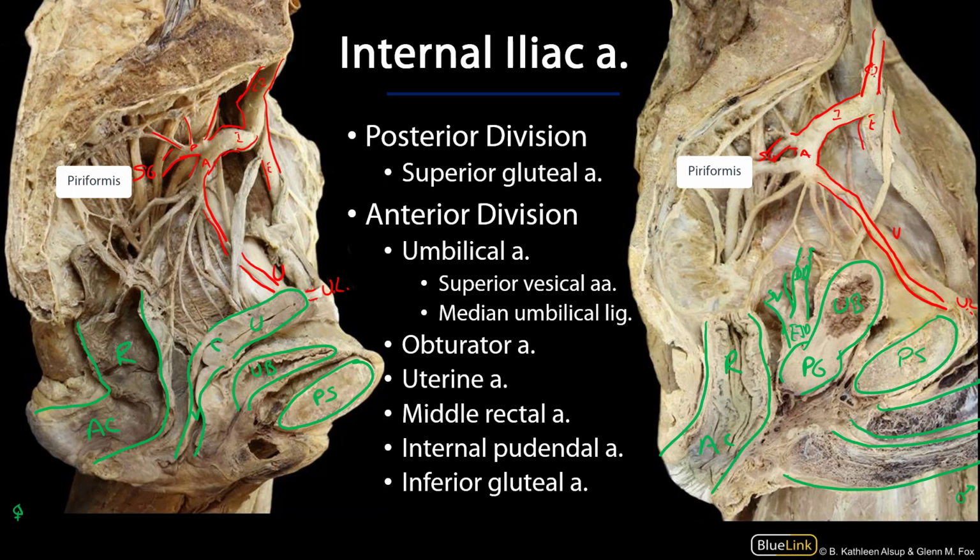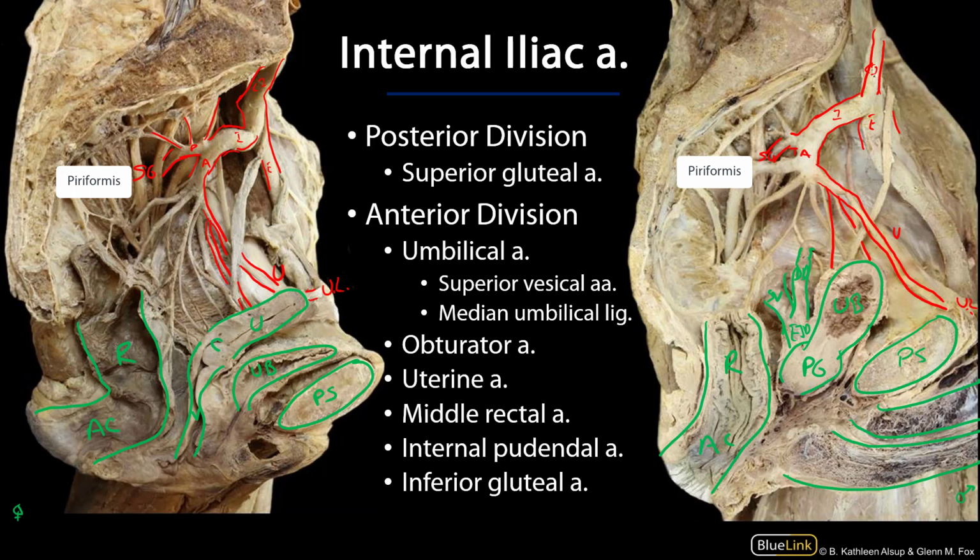It's that umbilical artery that is going to supply branches down to the urinary bladder, called superior vesical branches. So it's very important that we see the targets of these arteries. So as they go to the bladder, they are superior vesical. We can see it's coming down like so.